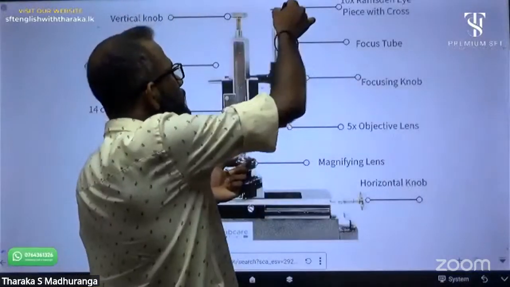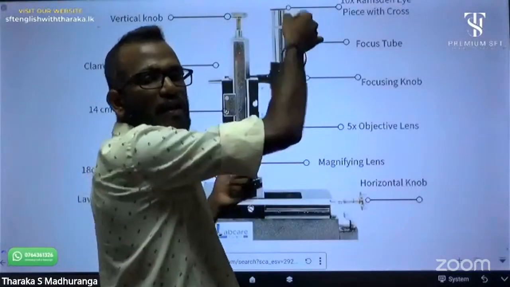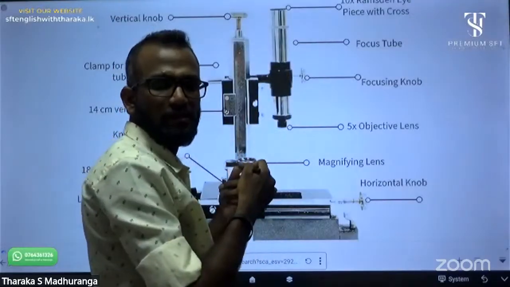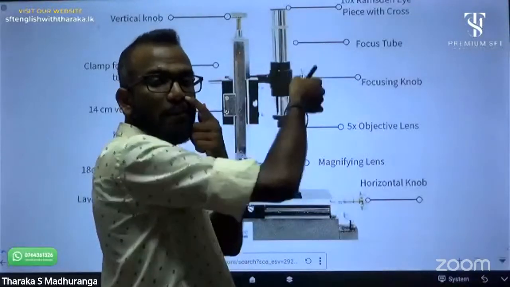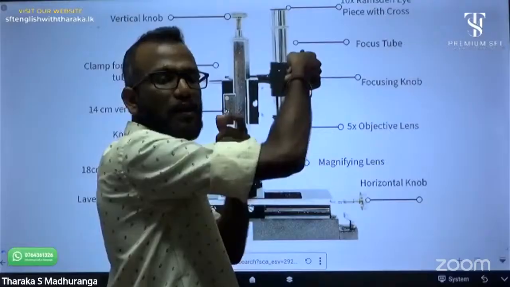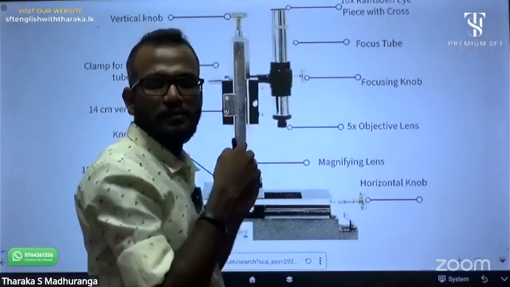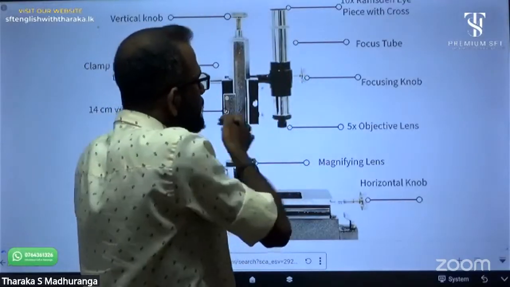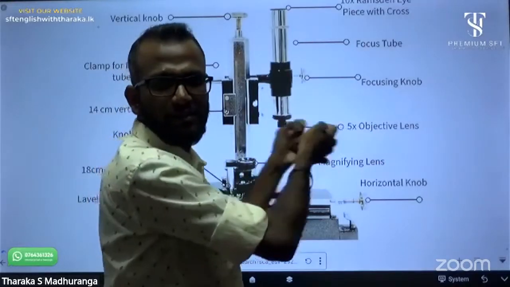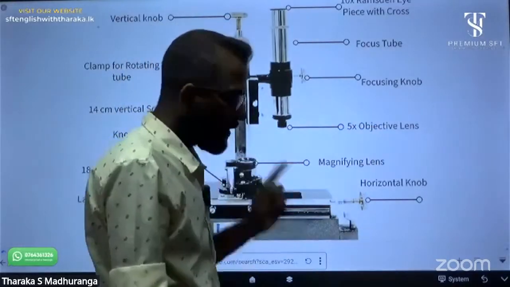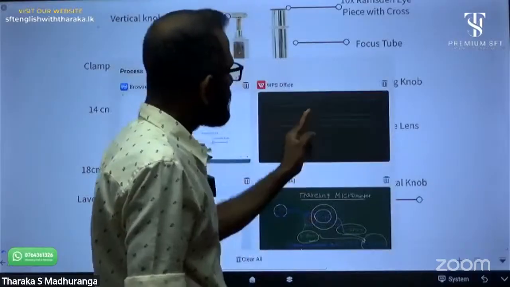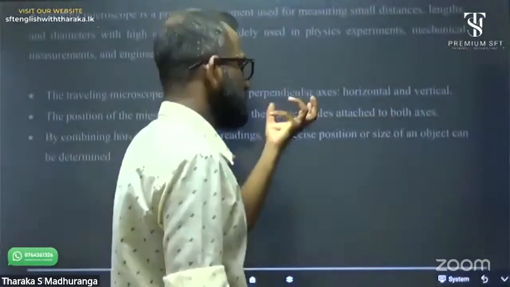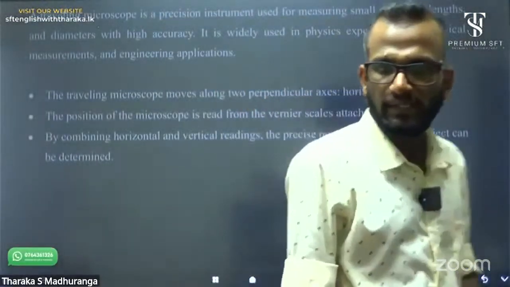We can move it up and down, that's the vertical axis, adjusting up and down using this spool. And we can move along the horizontal axis like this. So we can adjust in two perpendicular axes, horizontal and vertical.